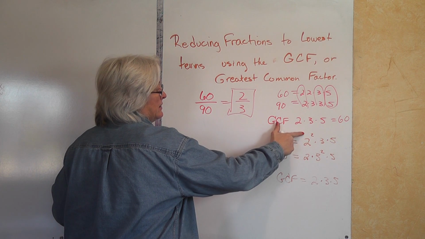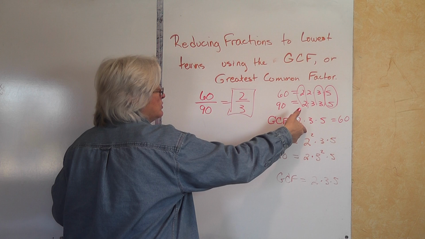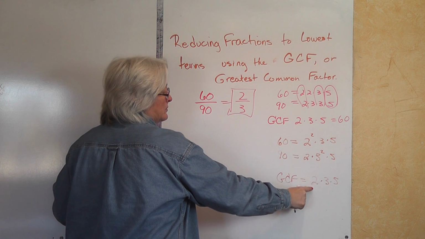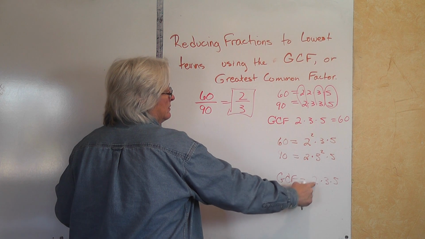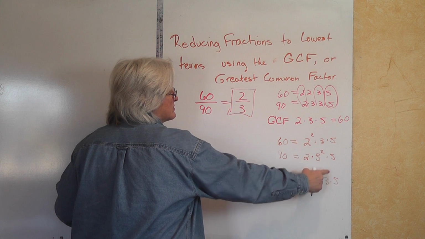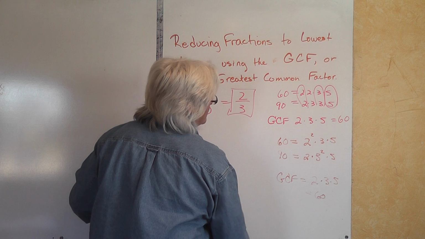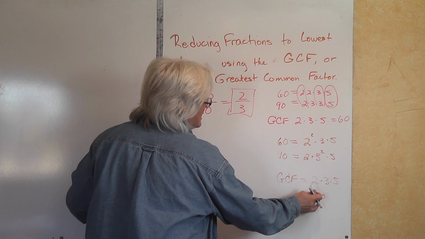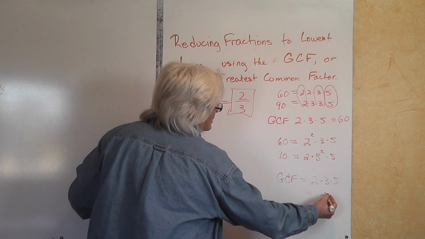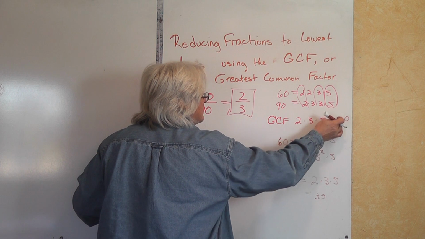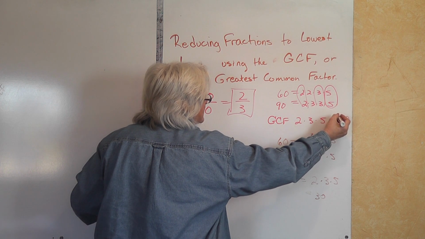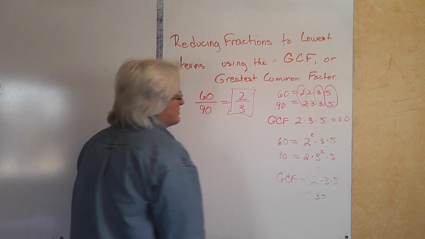We have the 2 squared, 2 to the first, so we only use one of those factors of 2, one of those factors of 3, and one factor of 5, which tells us that the GCF is 30. 2 times 3 is 6 times 5 is 30.